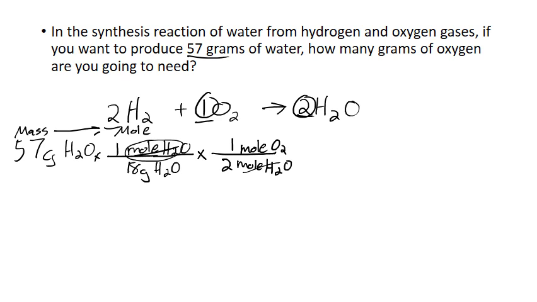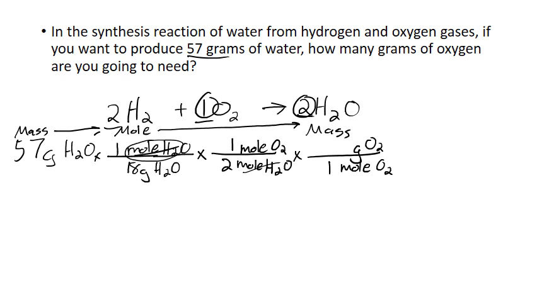My last step is going from moles of O2 to a mass of O2. So I want mass, and we'll get rid of the moles. For every 1 mole of oxygen, 16 plus 16, that's 32 grams of oxygen.